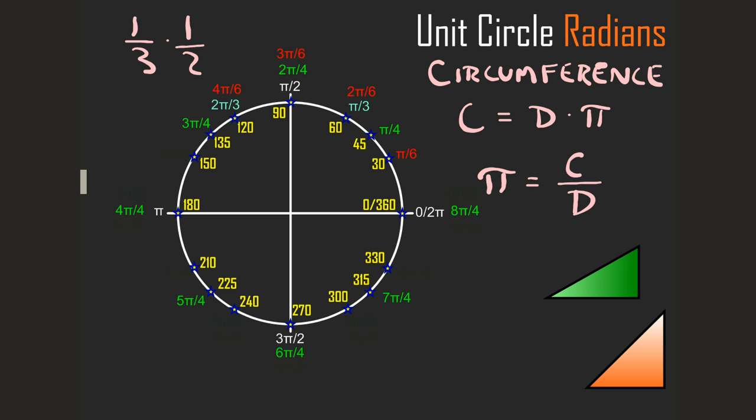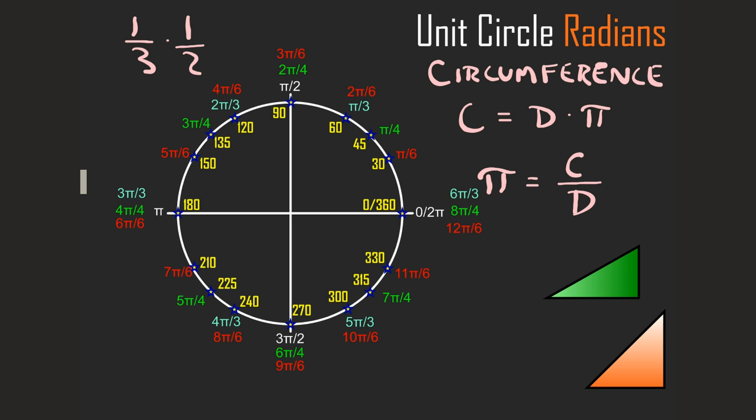What's the next one? 5 pi over 6, 6 pi over 6, 7 pi over 6, 8 pi over 6, which reduces to 4 pi over 3, 9 pi over 6, 10 pi over 6, which again reduces to 5 pi over 3, and then 11 pi over 6, and finally we get to 12 pi over 6. So there is pretty much the whole unit circle in radians.